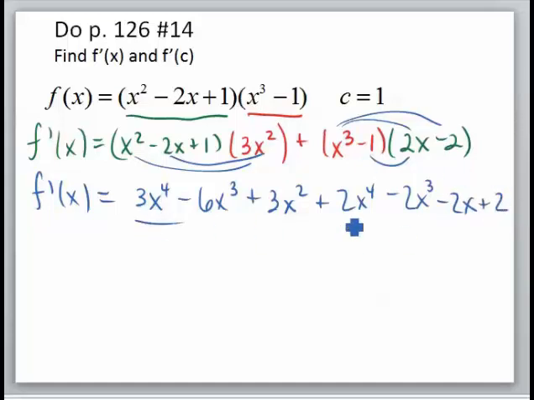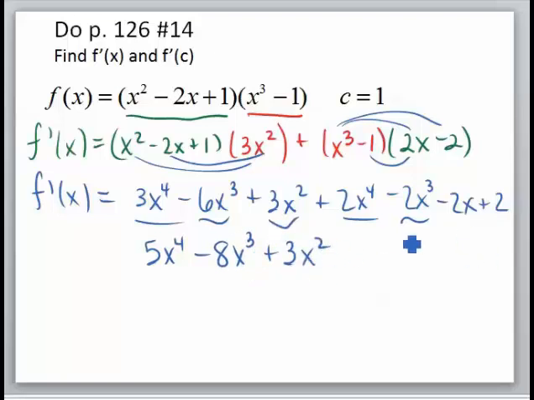That's a mess. I'd have to put these together, which gives me 5x to the 4th. We get negative 8x cubed. I have a plus 3x squared, a minus 2x, and a plus 2.